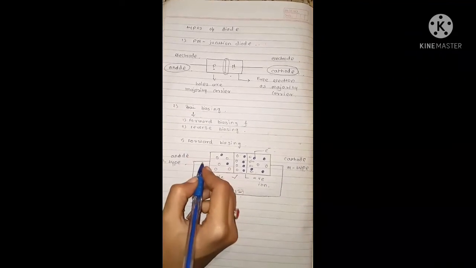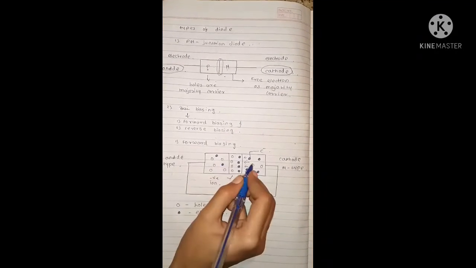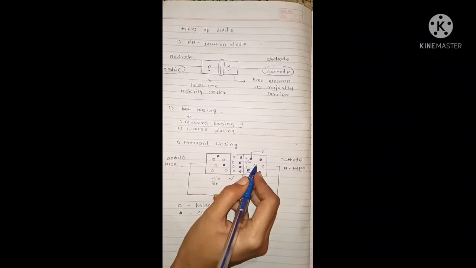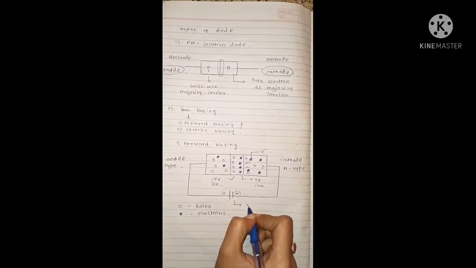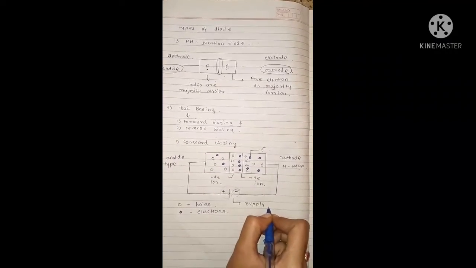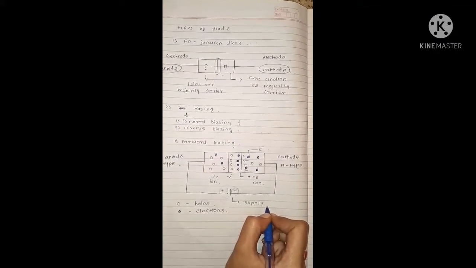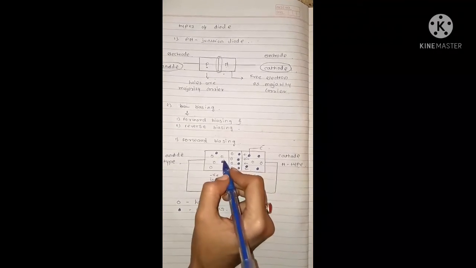Also, the positive end of the supply pushes the holes of the p side towards the n side. With an increase in the external supply voltage, more and more electrons and holes start traveling towards the junction.